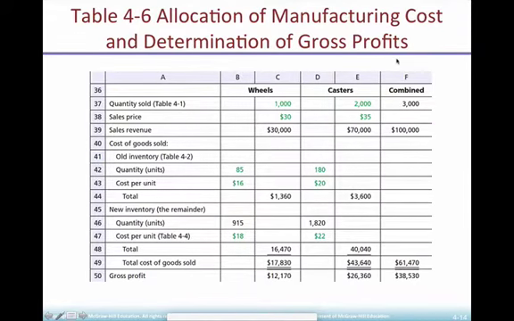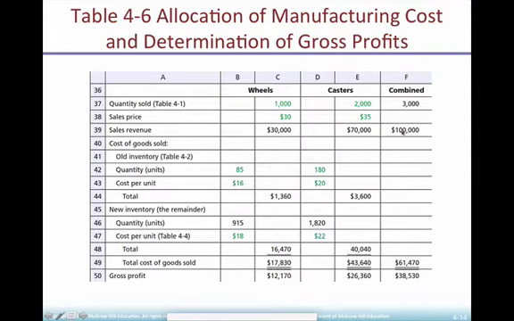So we are working on determining the gross profit from the pro forma income statement. So we start with sales. That's the first element, sales in dollars. To calculate sales in dollars, we have quantity times price. Quantity times price for each of the 2 units, that's total sales in dollars, money into my pocket.